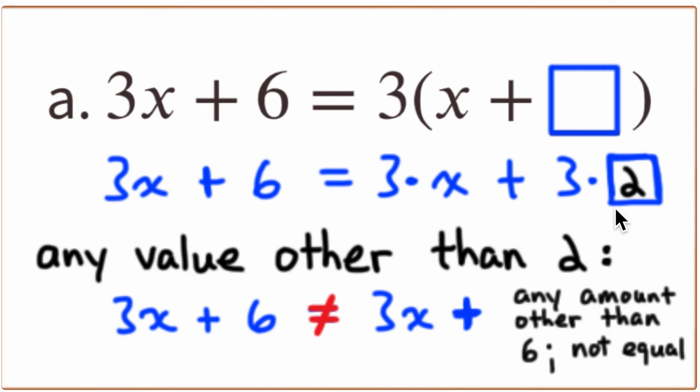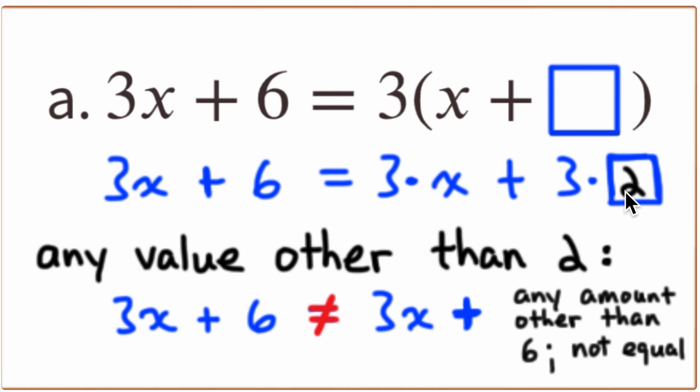So anything I choose to put in this square other than 2 will make adding it to 3x something other than this 6. So to make it true, it was 3x plus 6 and 3x plus 6. So you want to change it so you come up with something other than 6 here. So you want to multiply this 3 by some factor other than 2.